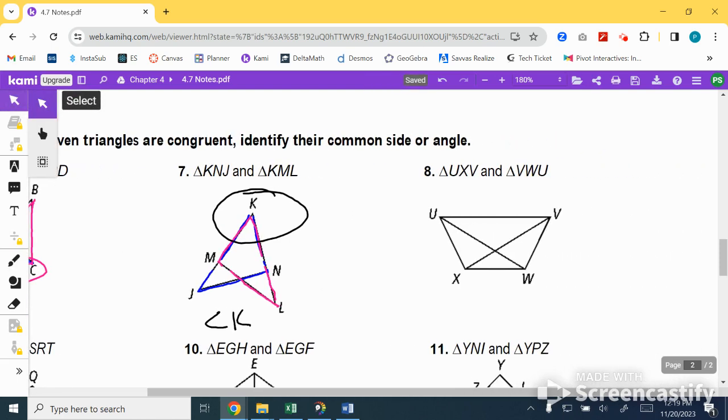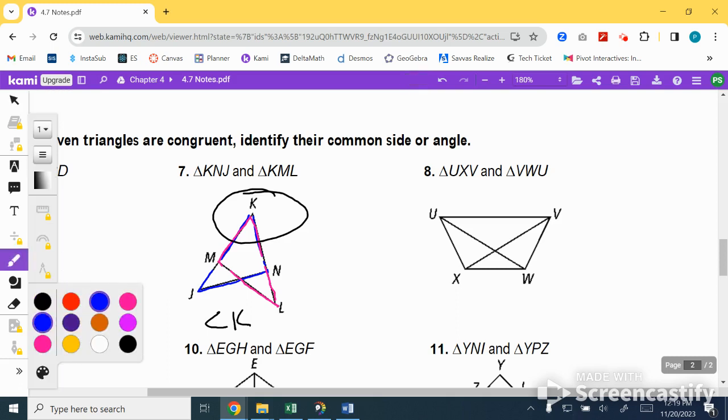Come over here, highlight the triangles, and see what we have in common. So blue, we have triangle UXV. So U down to X, over to V, and across. And then triangle VWU in pink.